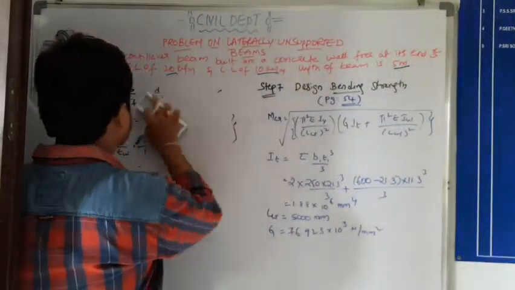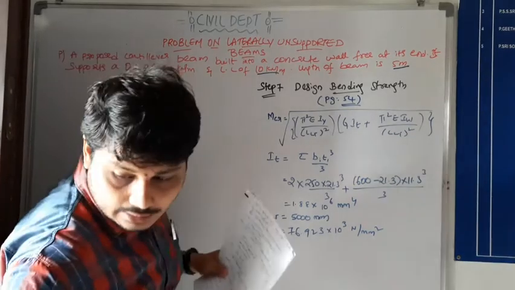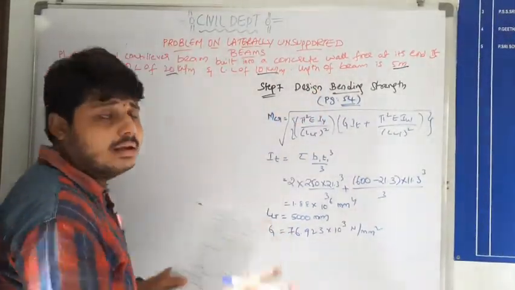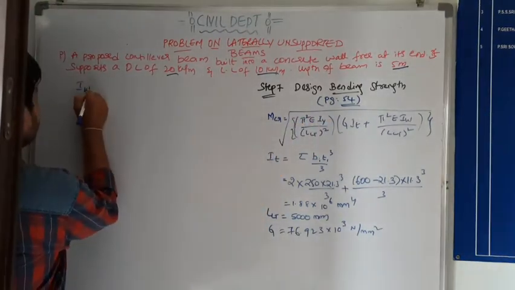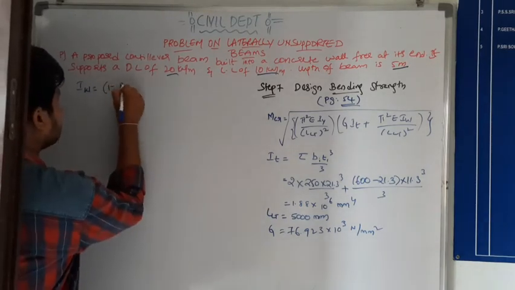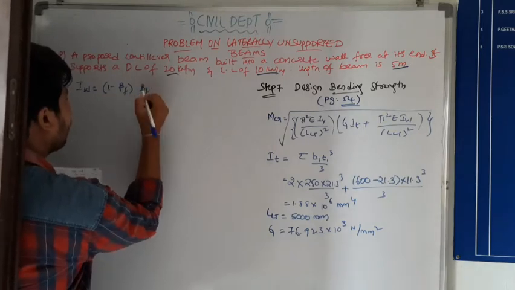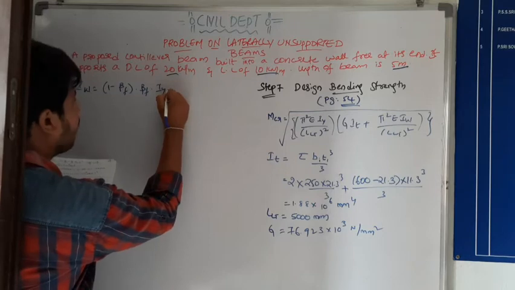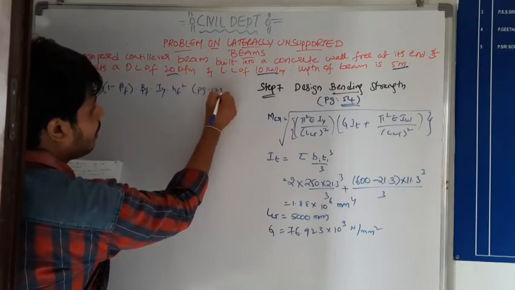Only this is the tough step in the calculation. That's all. Okay. Now we don't know the value of IW. So IW is equal to, the formula for IW is 1 minus beta F into beta F into IY into HF square, which is in page number 129.